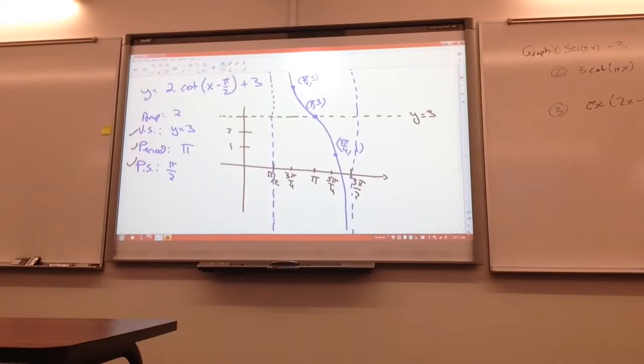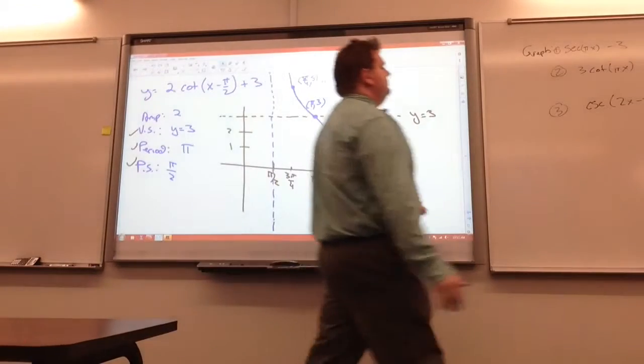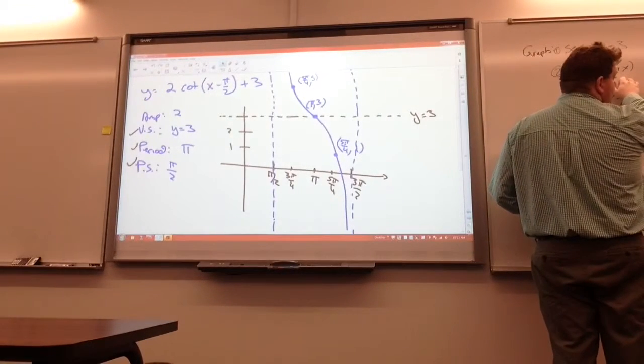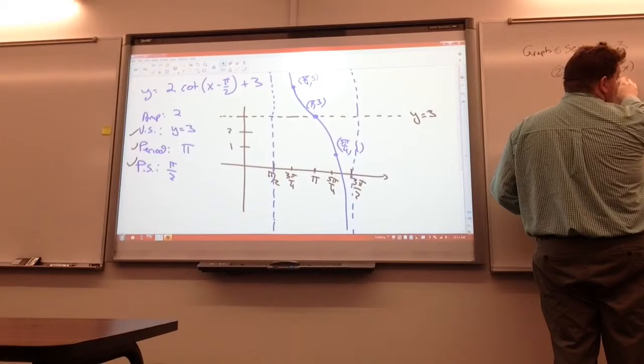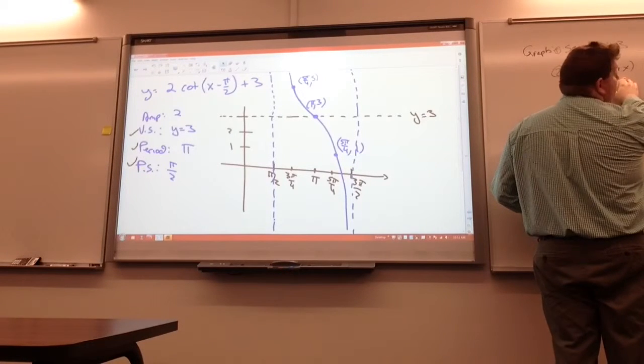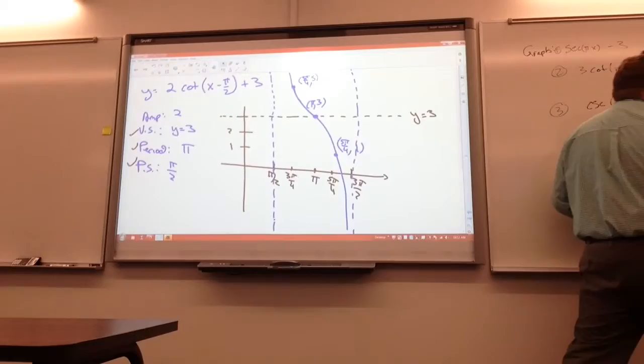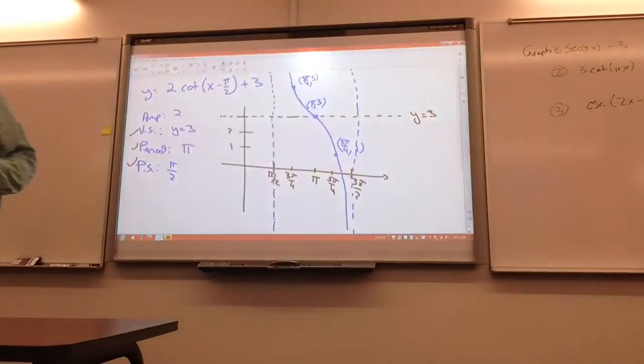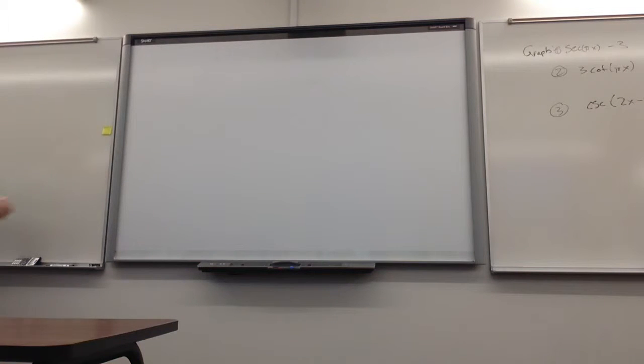The second one has no phase shift because there's nothing being added. These coordinates have nothing to do with that. There's nothing being added to the inside there. So you see where it says pi x? You use radians in the last cotangent problem, and you use radians here too.